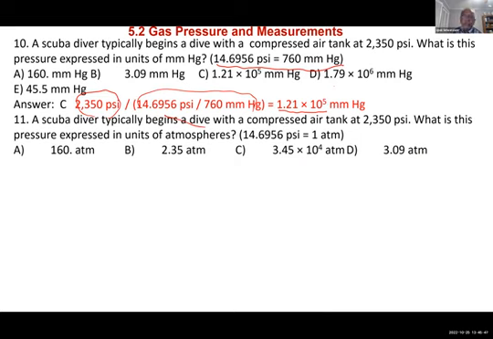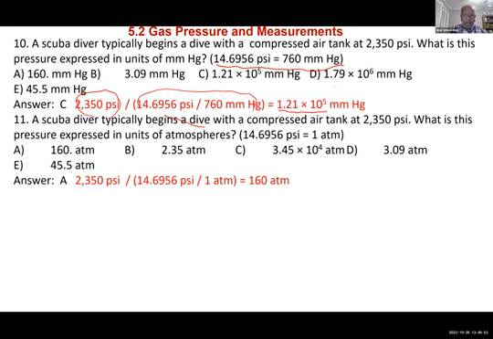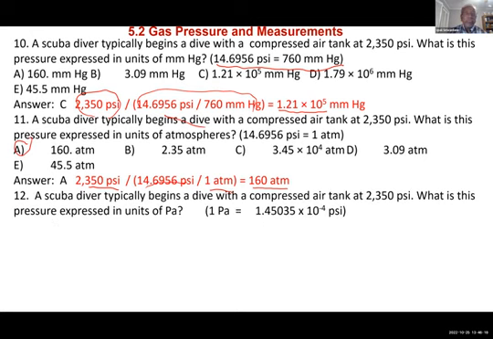This is psi to ATM. You use this in question 11, where you convert psi to ATM by using this conversion factor. 14.695 psi is equal to 1 atmosphere. You get 160 ATM, which is the answer given here in the choices.